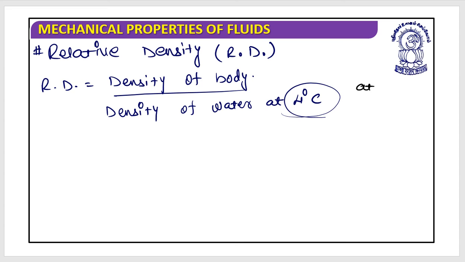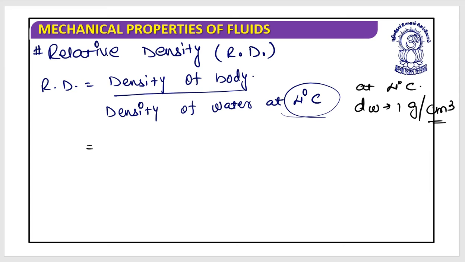Because at 4 degrees Celsius the density of water is 1 gram per centimeter cube. It could be lesser at less than 4 degrees Celsius, and even at greater than 4 degrees Celsius. That is what we call the anomalous expansion of water, and you have studied this. So it's the density of the body divided by the density of water at 4 degrees Celsius.